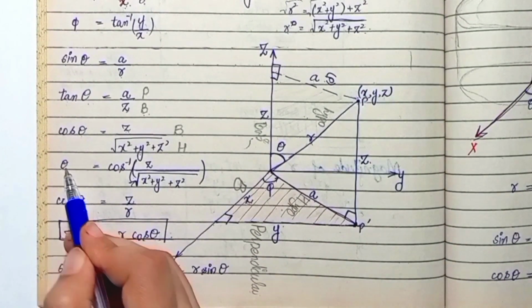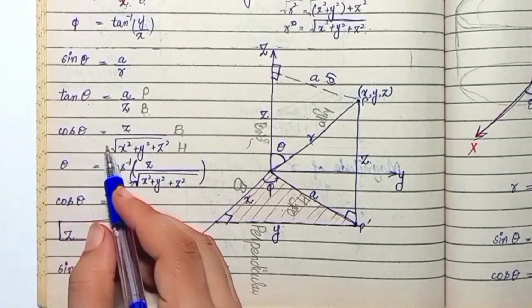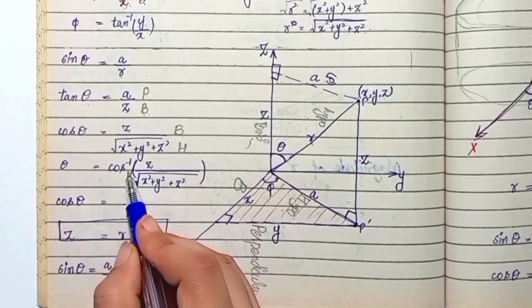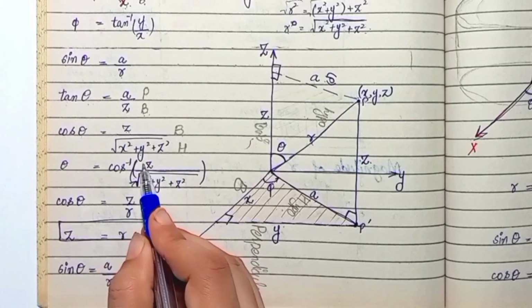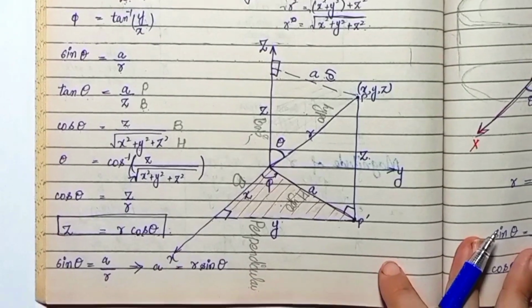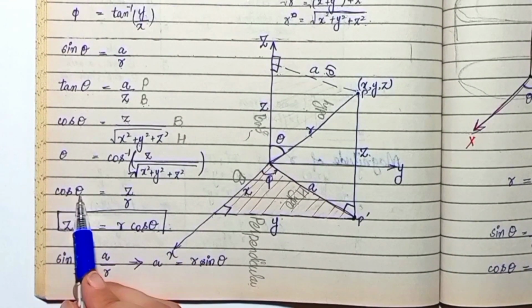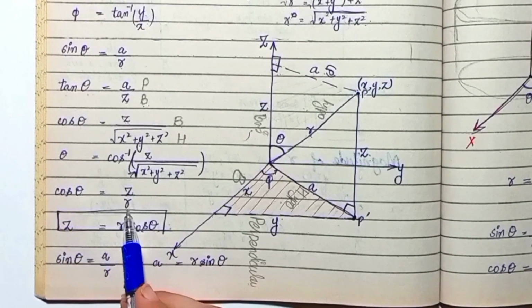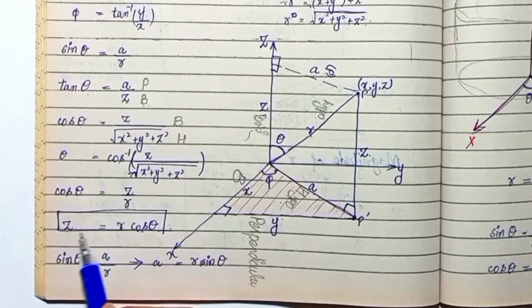If we leave theta on one side, then cos goes to the other side and it becomes cos inverse of z divided by the square root of x square plus y square plus z square. We can also simply write cos theta is equal to z divided by r. If we leave z on one side, then z becomes equal to r cos theta.